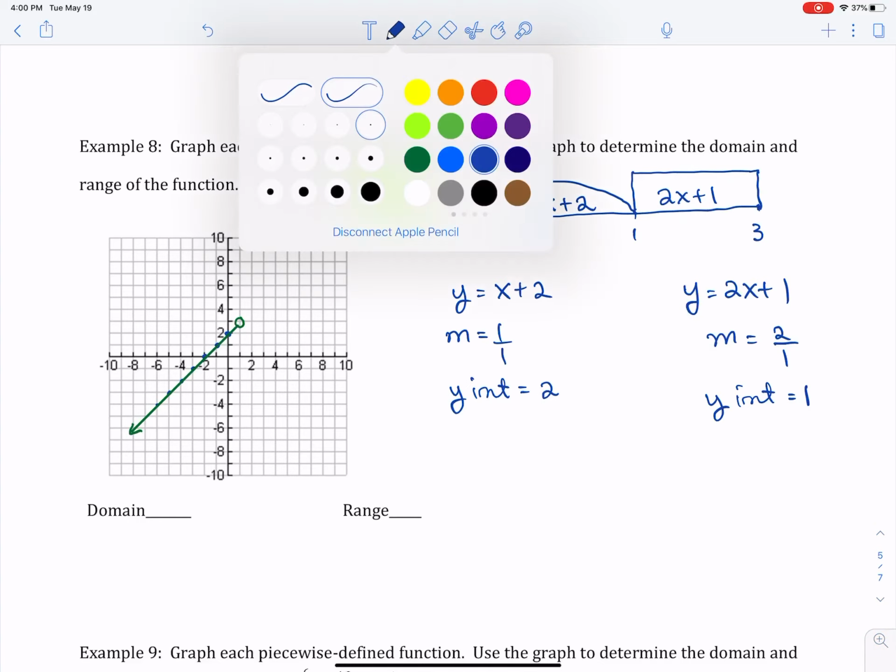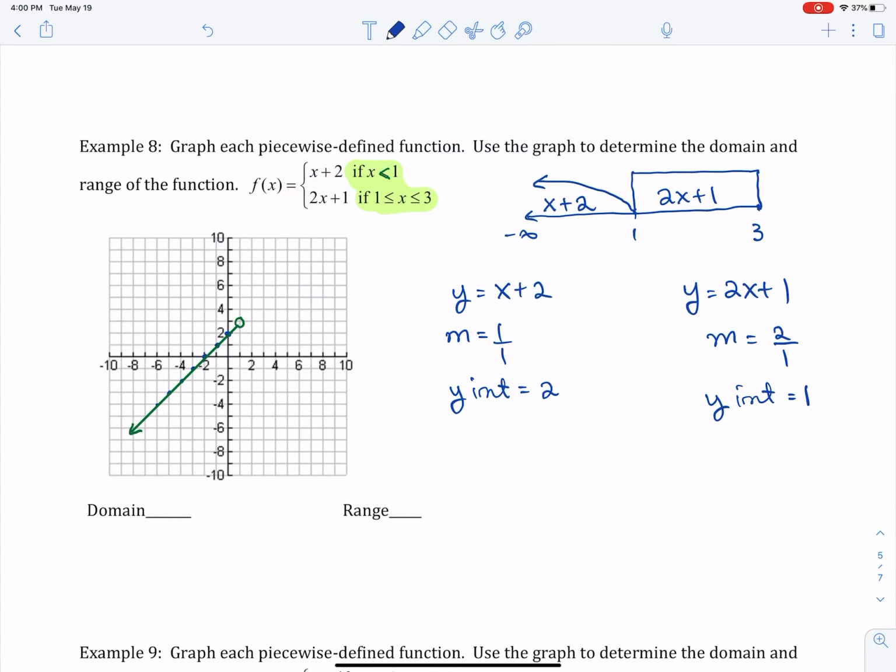So start at 1, and go 2 up, 1 over, 2 up, 1 over, 2 up, 1 over.